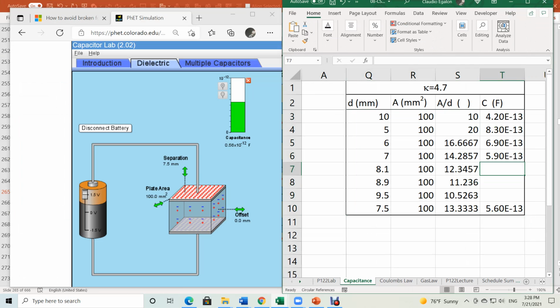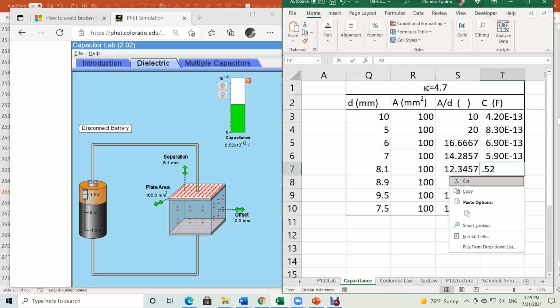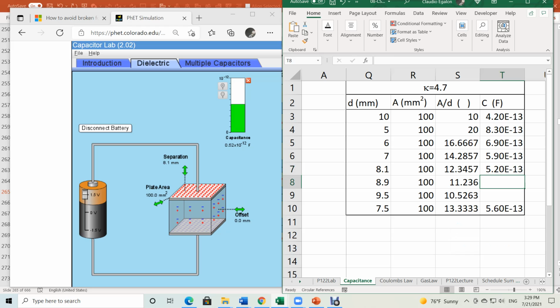Next is going to be 8.1. Here you go. 8.1 is 0.52 times 10 to minus 12.